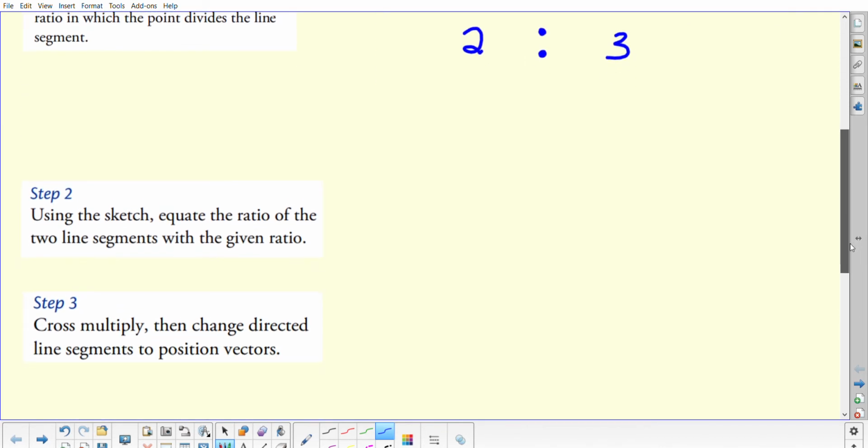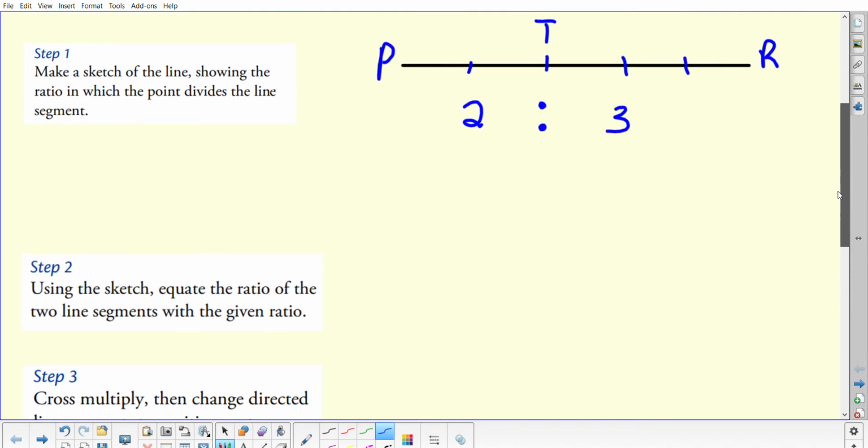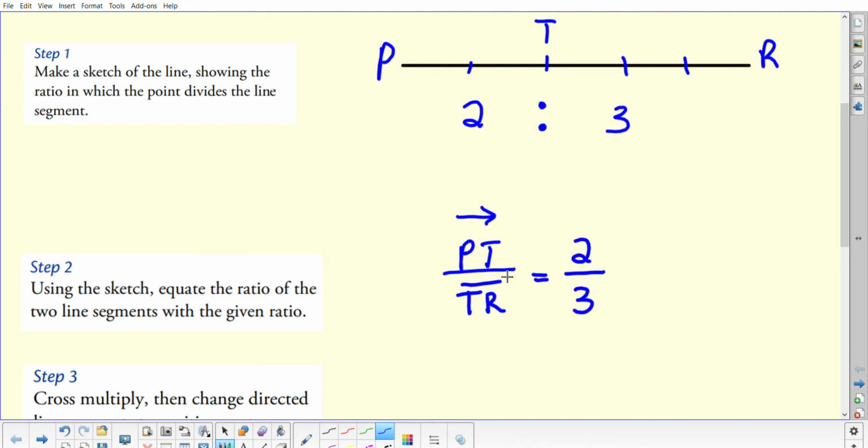And then, using the sketch, we're going to equate the ratio of the 2 line segments with a given ratio. A bit like what we were doing with collinearity, when we compare the vector that goes from P to T with the vector that goes from T to R, we can see that there will be 2 parts there compared to 3 parts here.